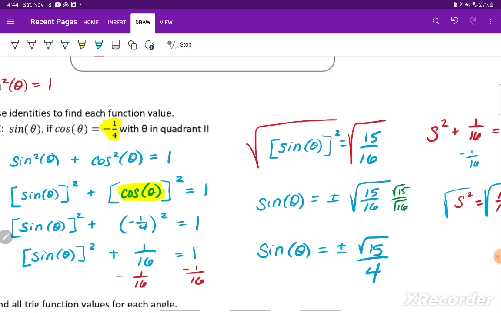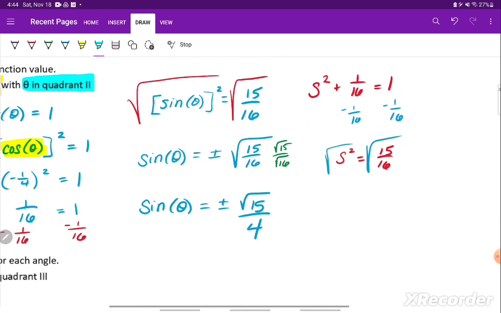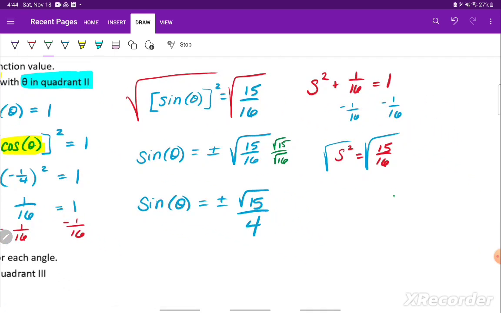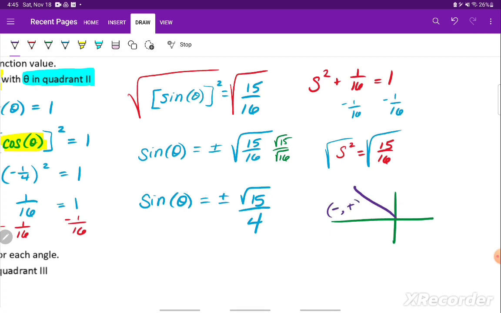I want to point one extra thing out from our directions. It says that theta is in quadrant 2. So if our angle is over here in quadrant 2, where our x value is negative and our y value is positive, is sine positive or negative in quadrant 2?